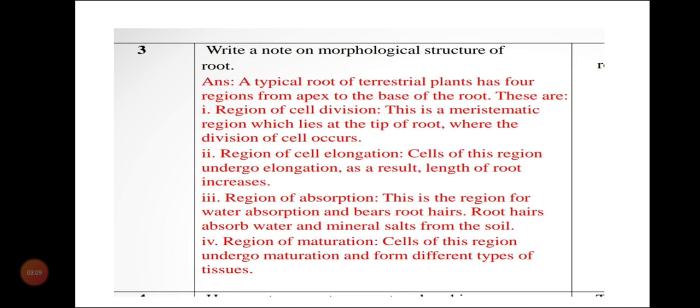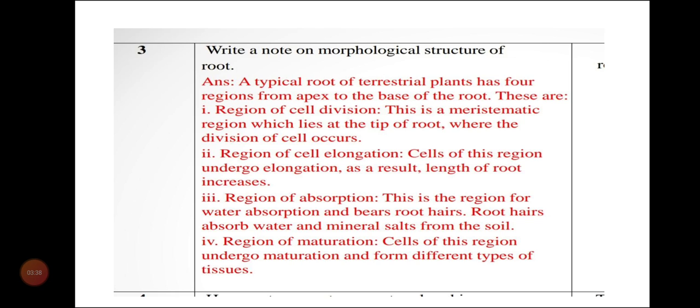Next, the third question is: write a note on morphological structure of root, meaning external structure of root. Here you have to explain the structure of root. A typical root of a terrestrial plant has 4 regions from apex to the base of the root. These are region of cell division, region of cell elongation, region of absorption, and region of maturation.